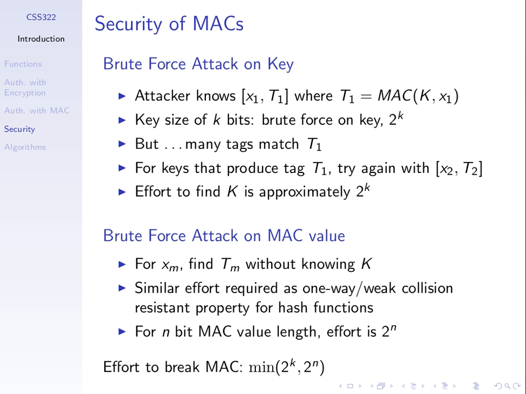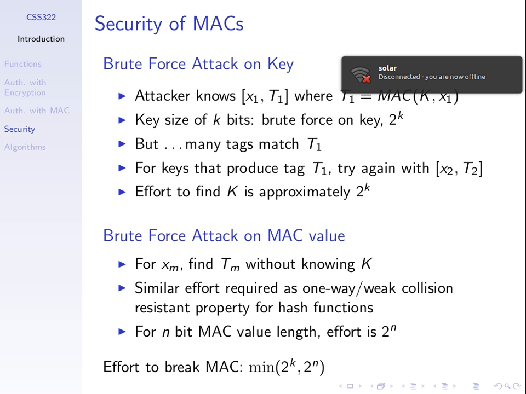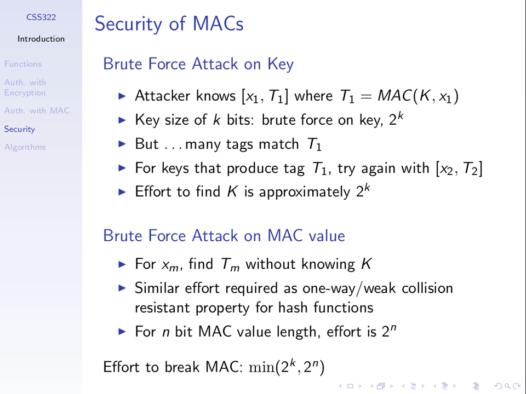But our tags are usually small and fixed size, where our message may be large. So we may have multiple tags that match this tag. What do we do if we have that case? Let's say I have 3 tags which are the same as this known one. Then I have 3 possible keys. What do I do as the attacker? You did similar to this in the meet in the middle attack on double DES.